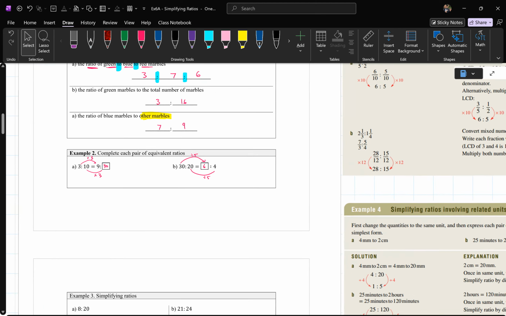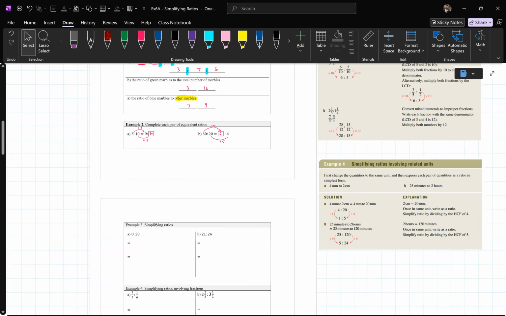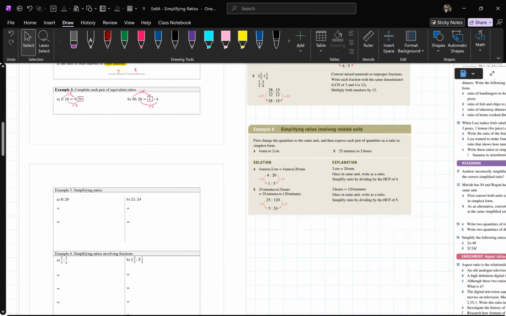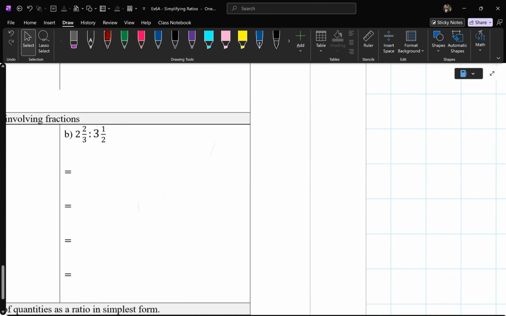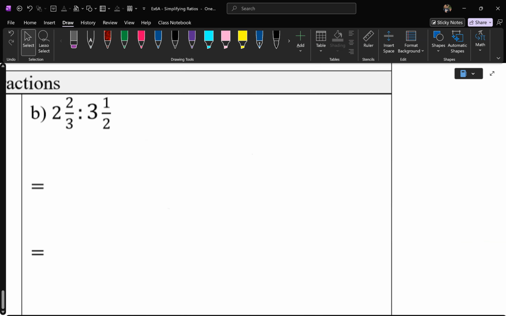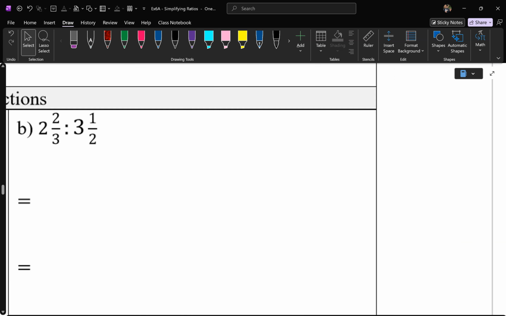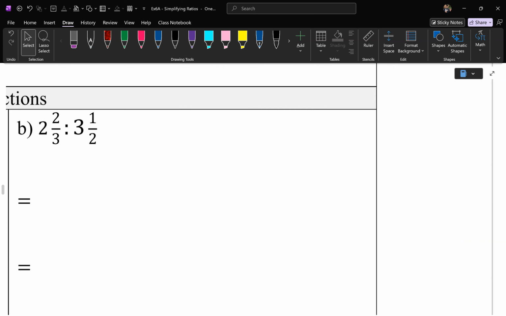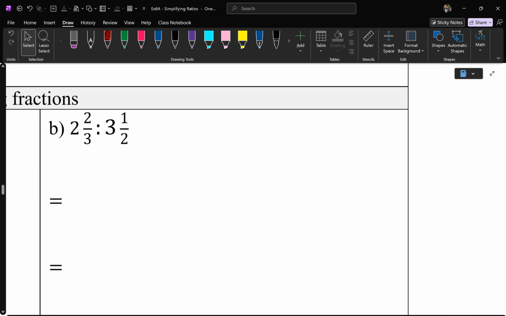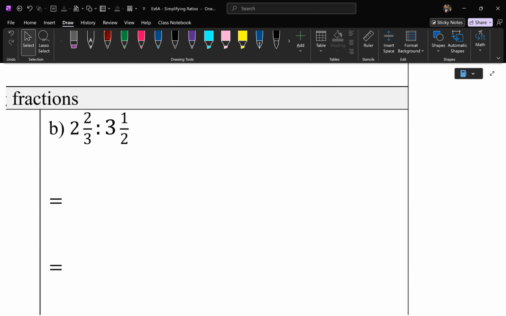Now, I want you to copy these two examples down in the back. Can you copy down this example just in the back, turn over? Write 2 2/3 to 3 1/2. So what do you do when you have fractions?